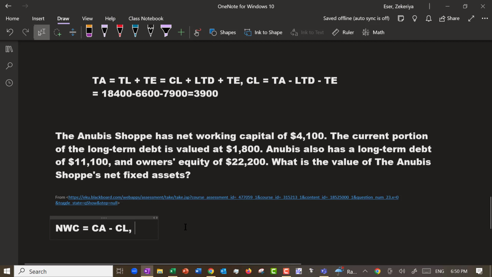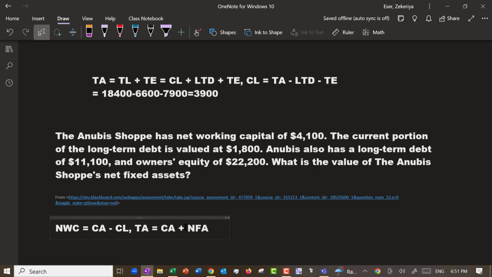Okay. First, do we know something that involves net fixed assets? We do. Total assets equal current assets plus net fixed assets. So if I can figure out current assets and total assets, I'm home, right?